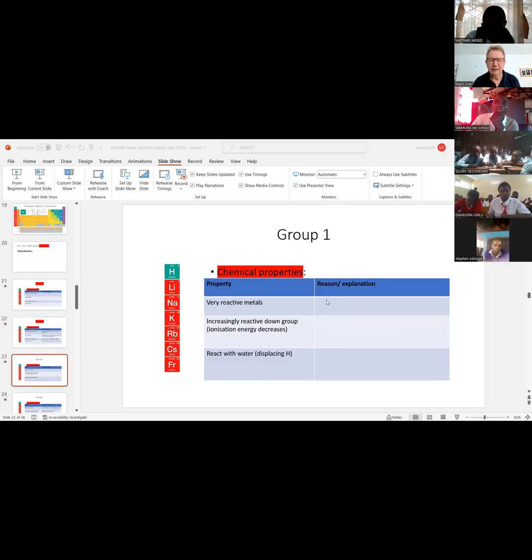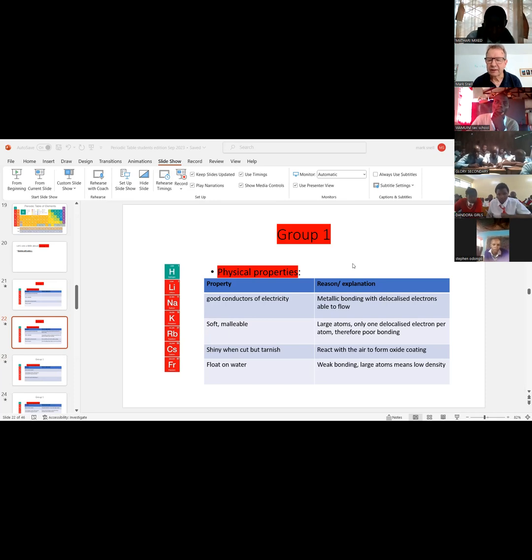So the reasons are these. They are conductors of electricity because they have delocalized electrons. So in the answer, you need to say they have delocalized electrons, which can flow. They are soft. You don't need to say this, only 1 delocalized electron per atom. They are soft because they are big atoms and not very well attached to each other.